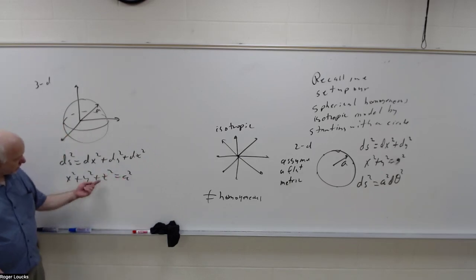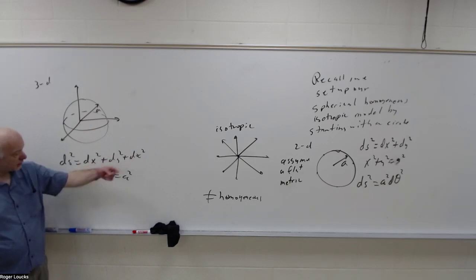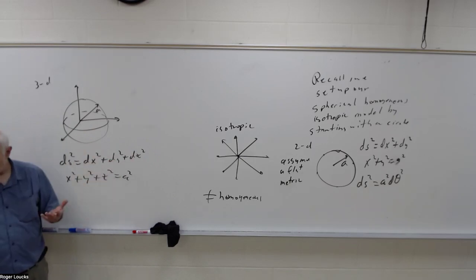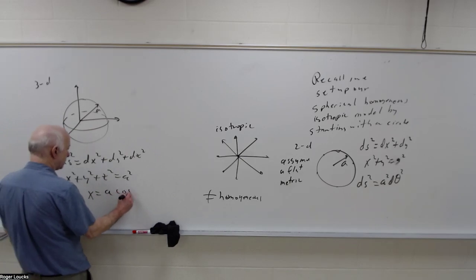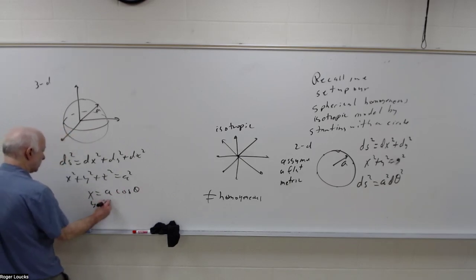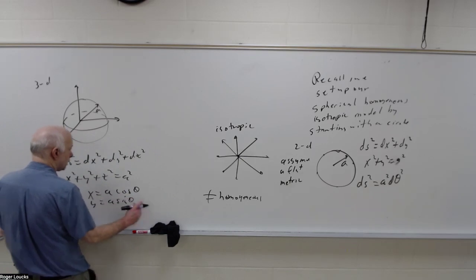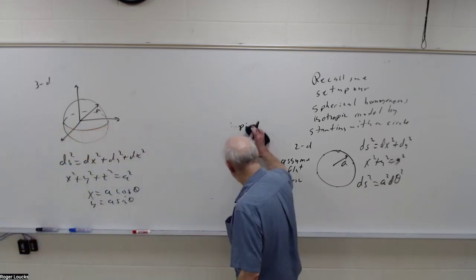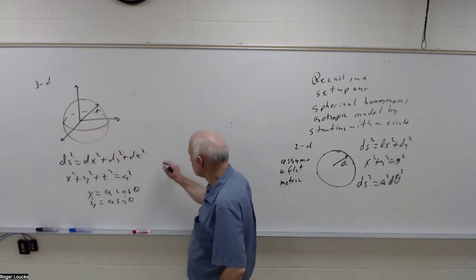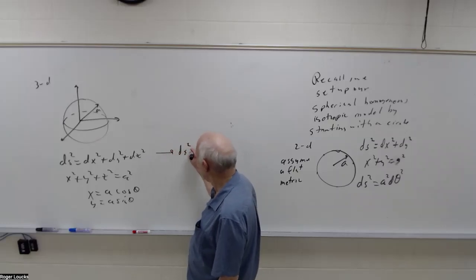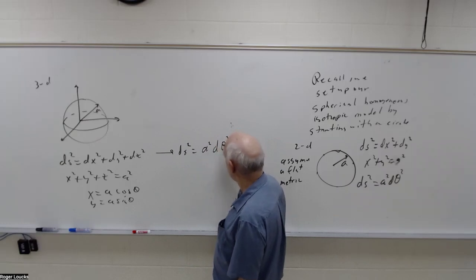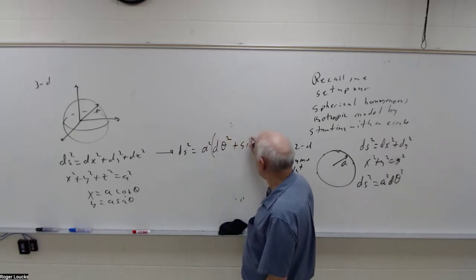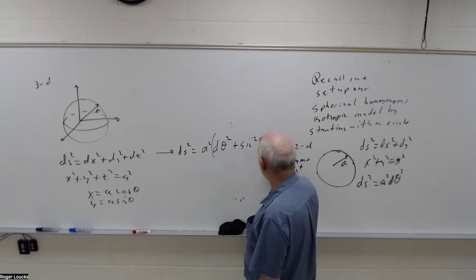We can solve this for z, put it in here, and write this in terms of x and y, so we reduce this to a two-dimensional problem. Then x is going to be a cosine of theta and y is going to be a sine of theta. What that reduces to is a squared d theta squared plus a squared sine squared of theta d phi squared.